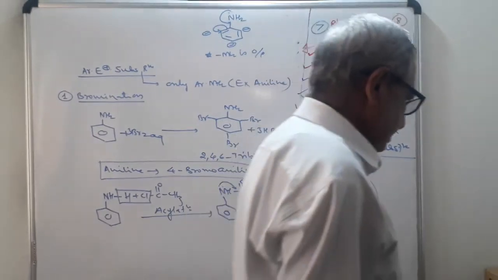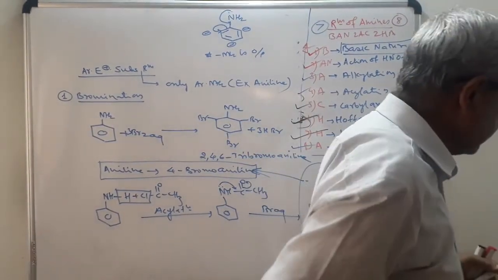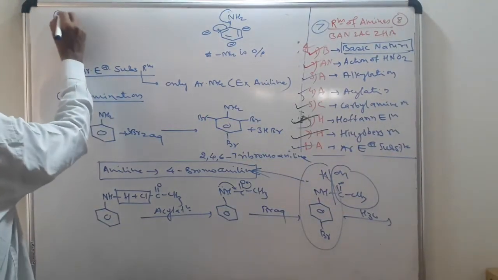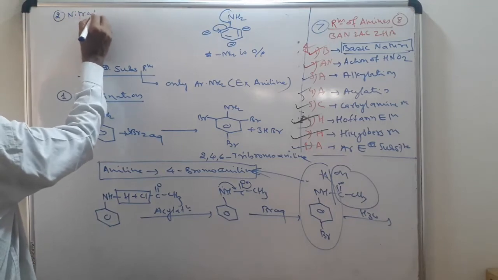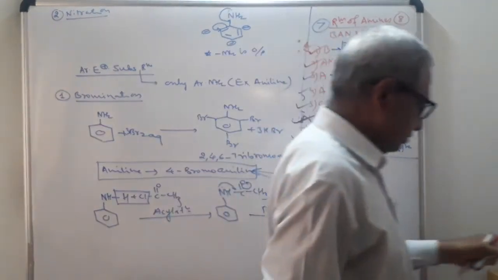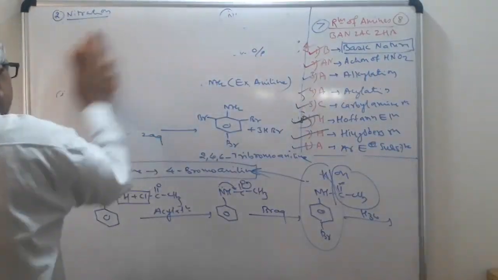So we completed the first reaction, that is bromination. Now the second reaction, nitration. Again it is aromatic electrophilic substitution. The electrophile is the nitronium ion.